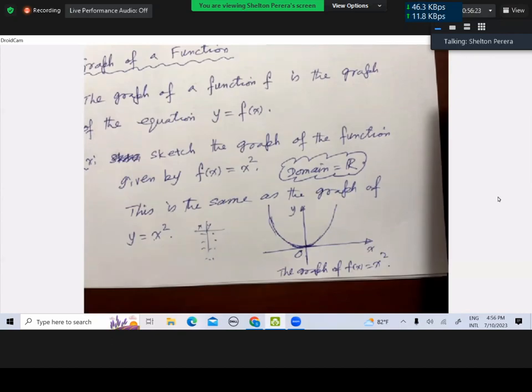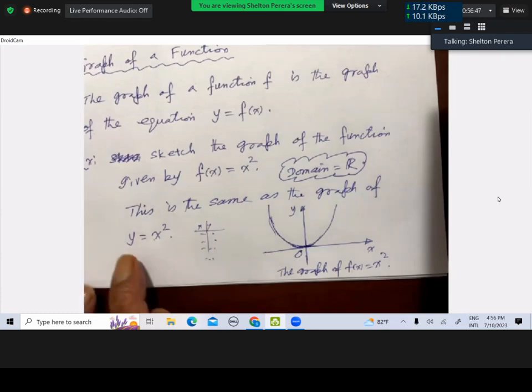That is why we did that last time. Not just to sketch the graphs of equations, but to get you to understand the concept of graph of a function. It sounds the same as the graph of an equation that involves x and y.